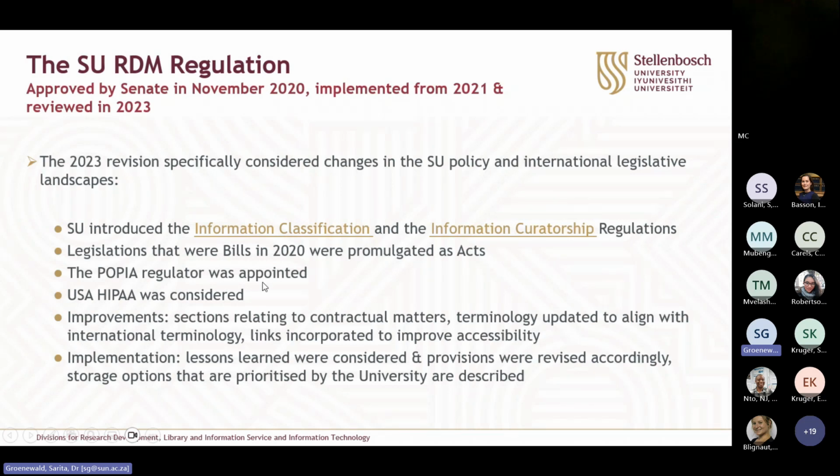The POPIA regulator was appointed. And then we also had to include the Health Insurance Portability and Accountability Act of the USA, because that also refers to the personal information of people that are included in clinical trials, for example.